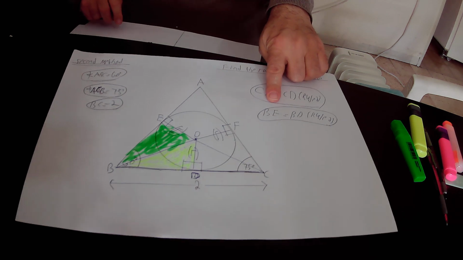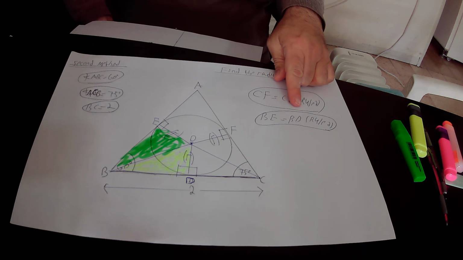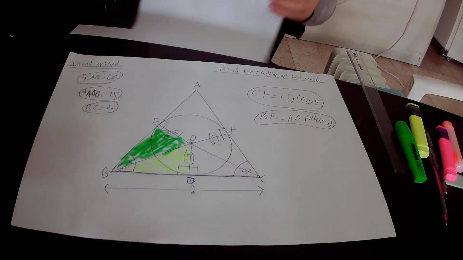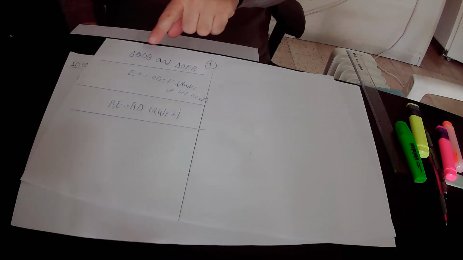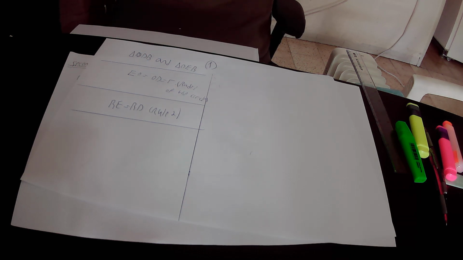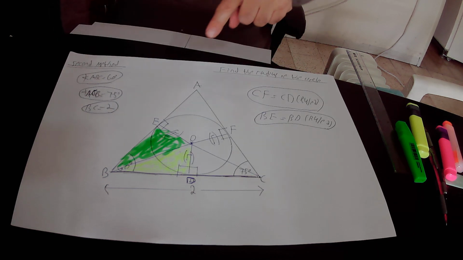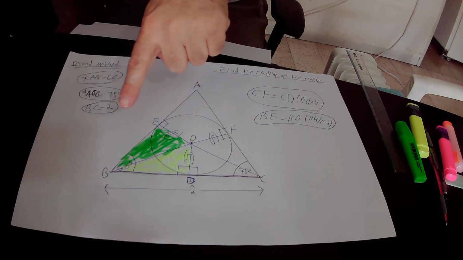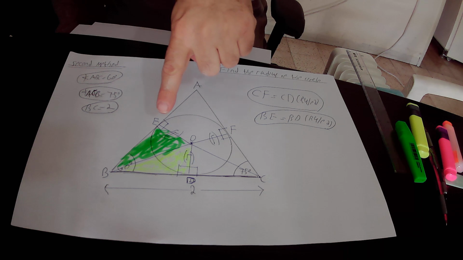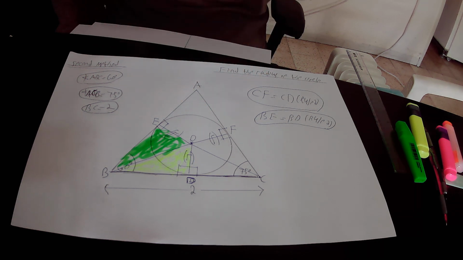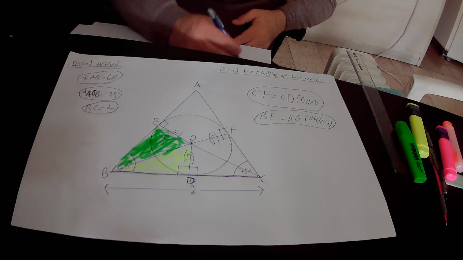Side BE of the green triangle equals side BD of the yellow triangle according to rule number 2. And finally, we have OB, that is a common side. Side OB is a common side that belongs to both triangles, so we can write down that OB equals itself, a common side that belongs to both triangles.